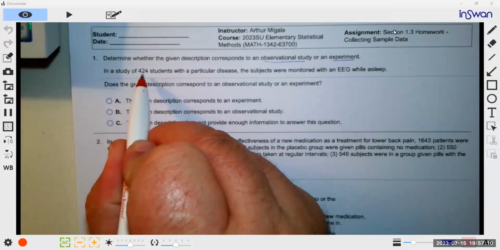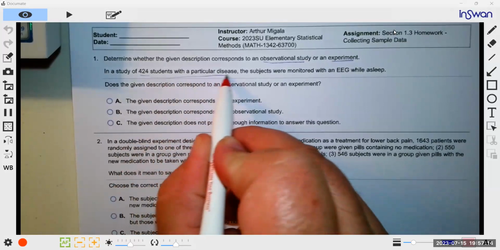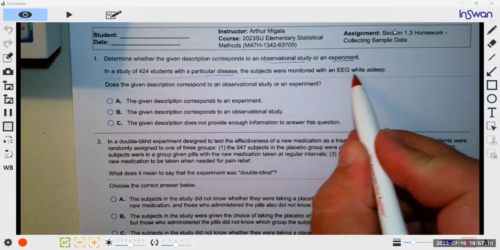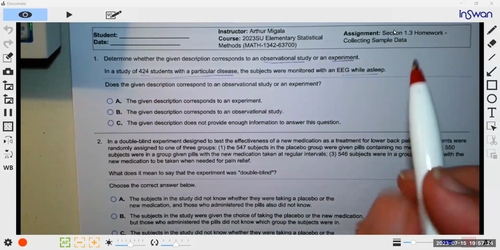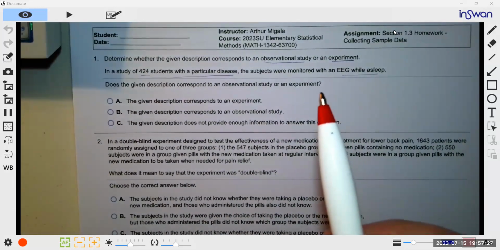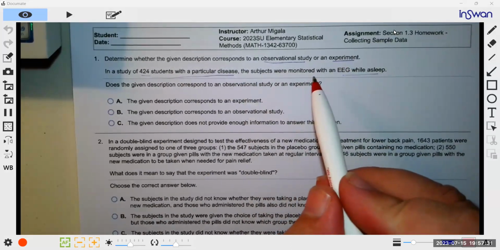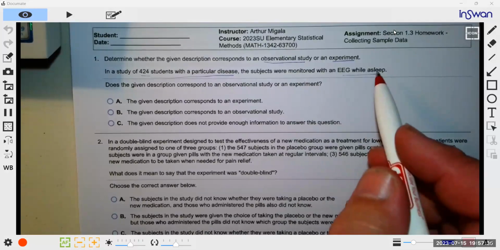In a study of 424 students with a particular disease, the subjects are monitored with an EEG, electroencephalogram, while they sleep. Now, are they given anything that changes the outcome of their disease?